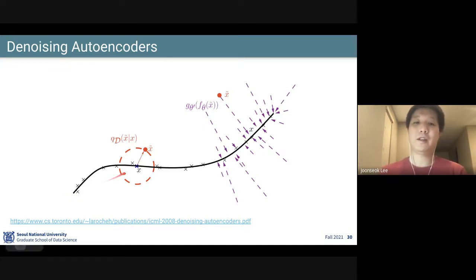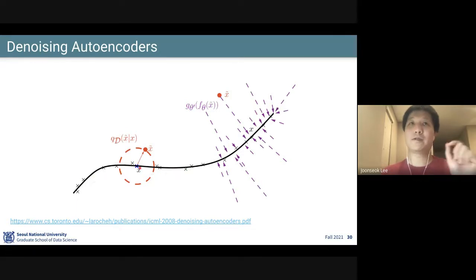If an image goes far from this black line, it's still a two-dimensional matrix with some color pixels, but as a human, we believe that's not a plausible image. So all the observed data points, X here, lie on this black line.